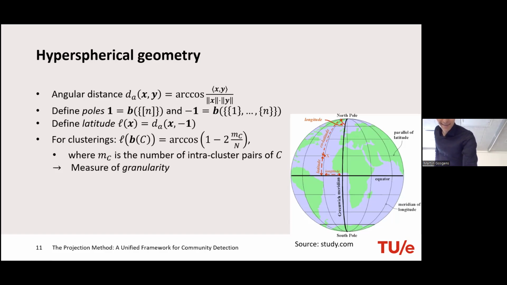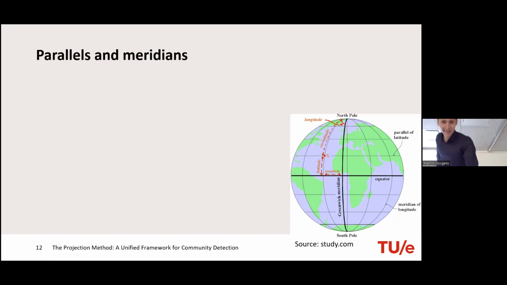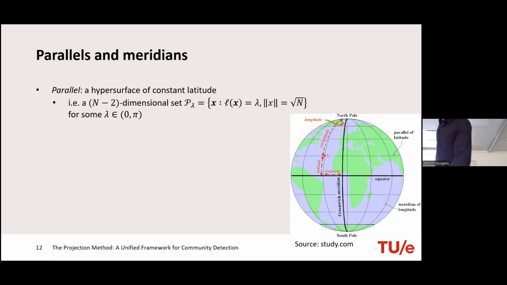And again, staying in this analogy with geography, we can define parallels and meridians. Parallels are these lines on the map, and meridians are these lines. In our setting, a parallel is the subspace of constant latitude, so just all vectors that have a certain value of the latitude.